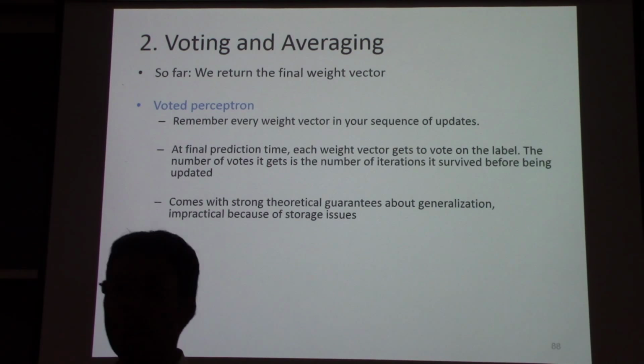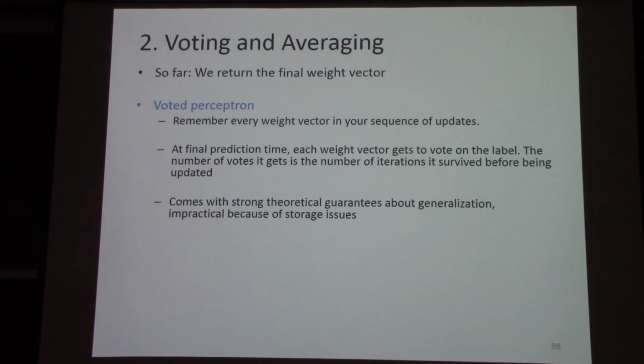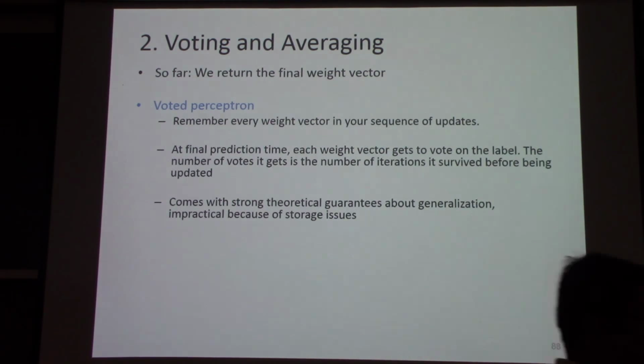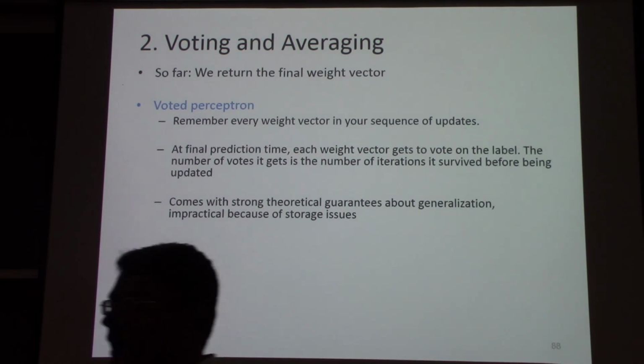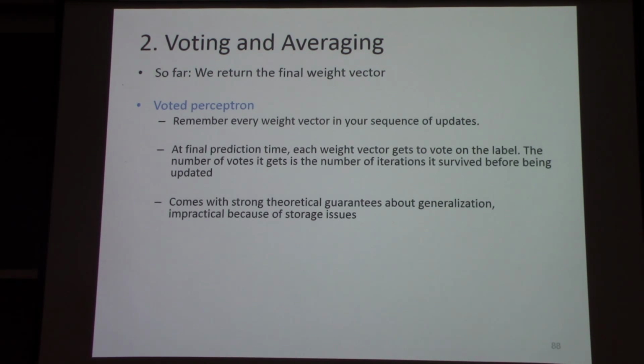So this version of the perceptron algorithm is called the voted perceptron. In general, this kind of classifier is called a voted classifier, where you keep track of every classifier that you encounter during learning and how successful they are. At deployment, you form a giant committee of classifiers and give all of them a vote based on how successful they are.